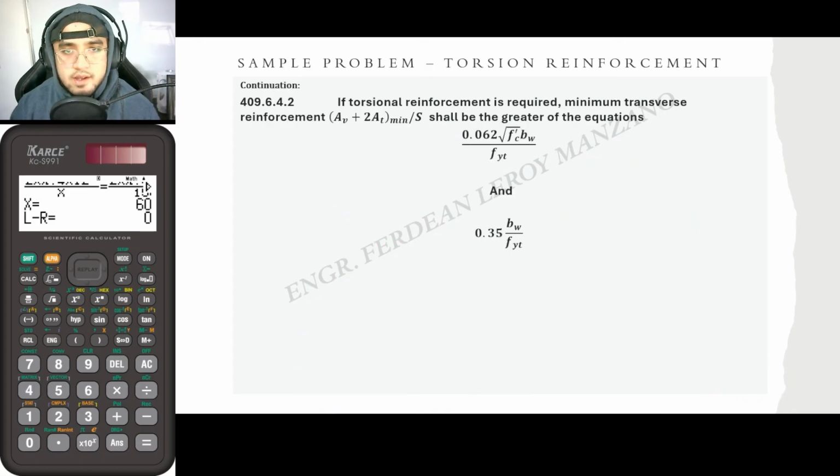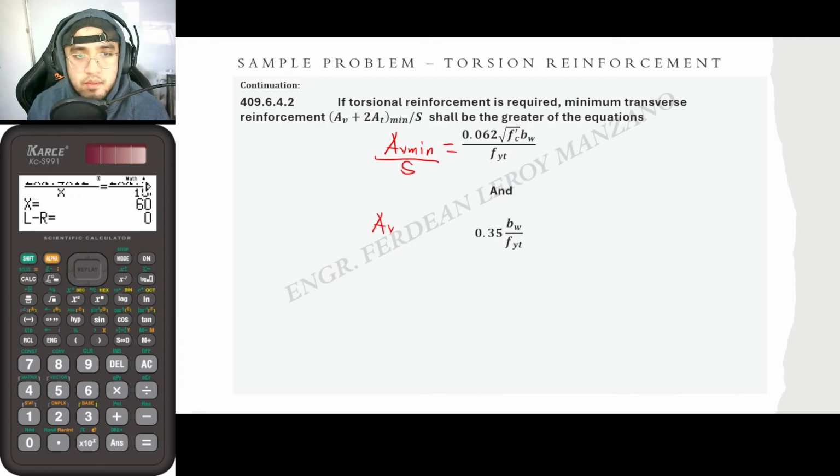Once again, let us solve for the AV min to see if it is within the standard. So for these equations here, according to NSCP, these are AV minimum divided by spacing. Once again, this is AV min divided by S. So we will now be choosing whichever is greater.